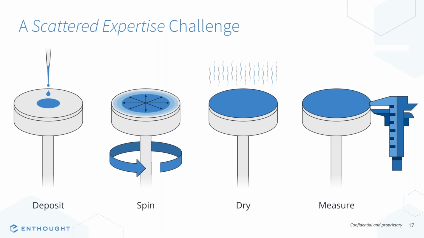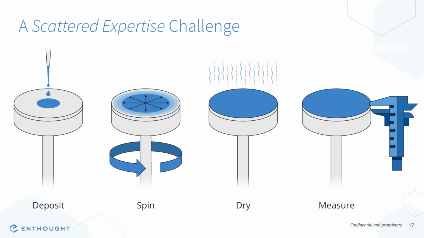In order to do that, he had to make the coating material, drop it on the wafer that was on a platform, spin the platform to spread out the coating material, dry it up, and then measure the thickness. As an expert, he could get to optimal thickness in maybe 20 wafers. He would have to run this process 20 times.